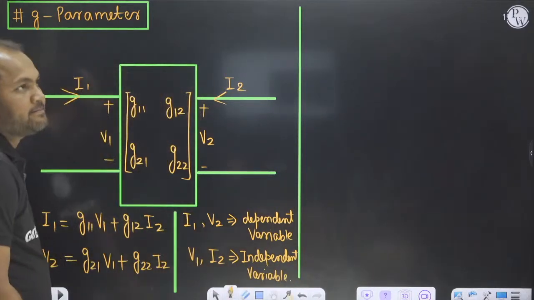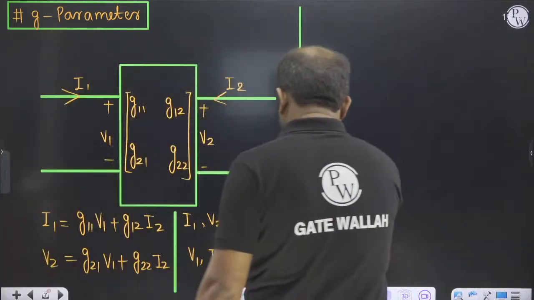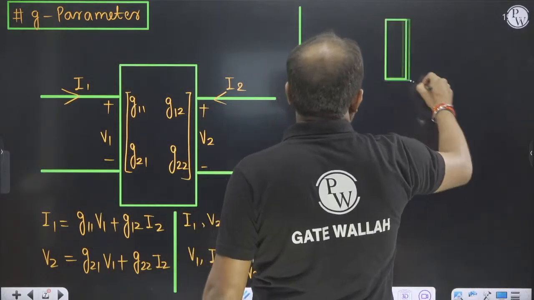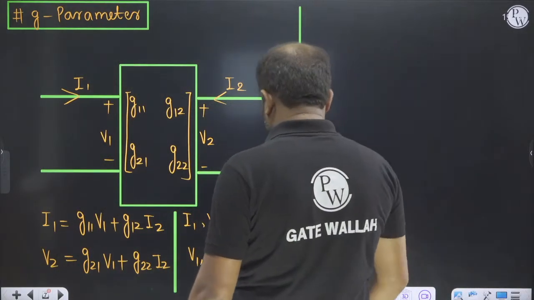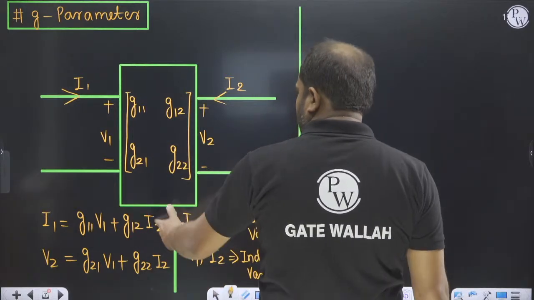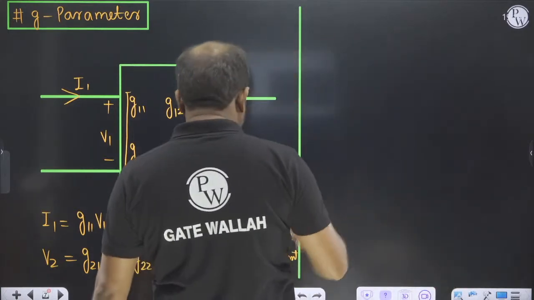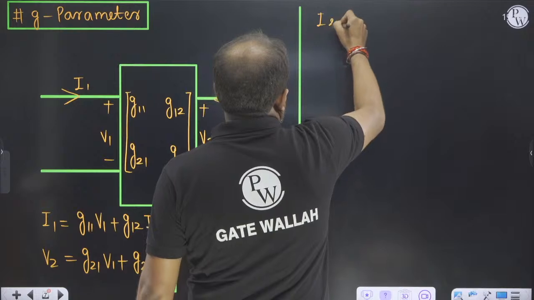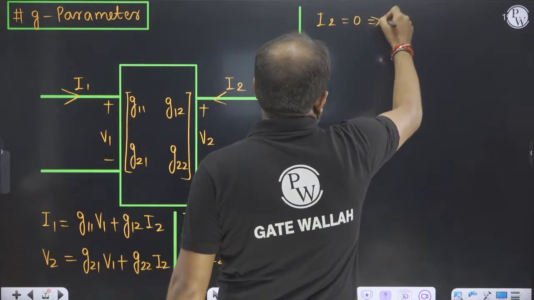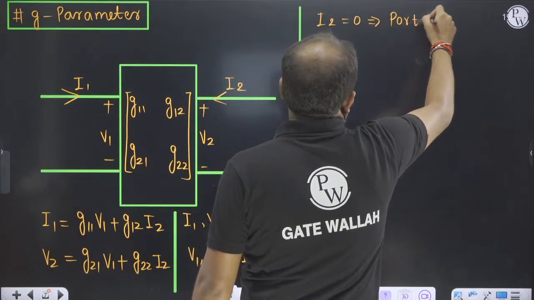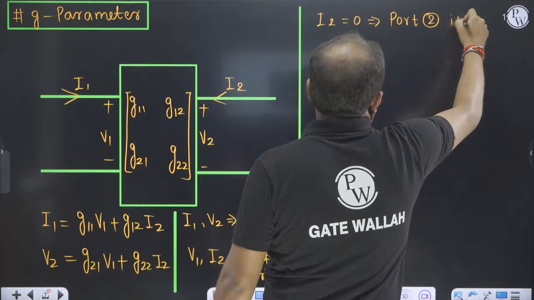Then I will make I2 equal to 0. If I2 is equal to 0, port 2 is open circuit.